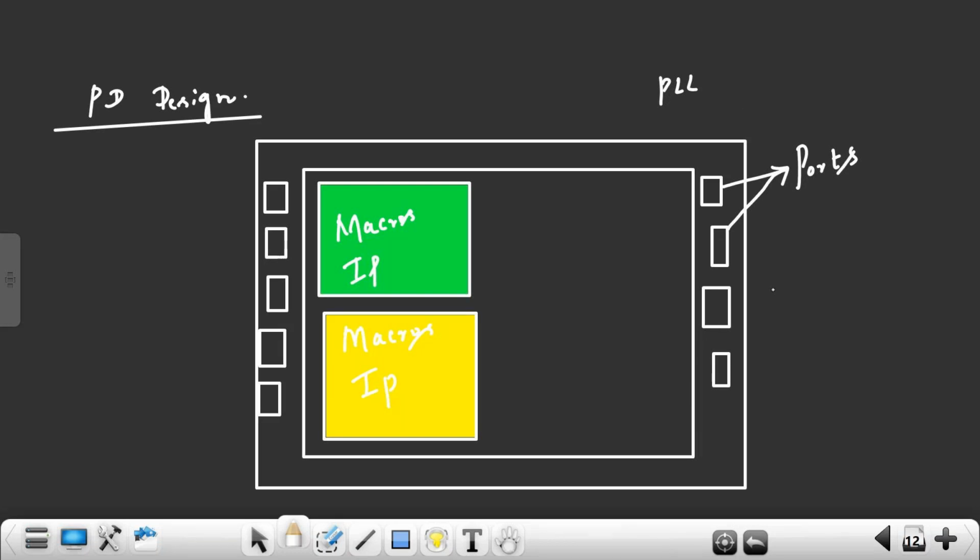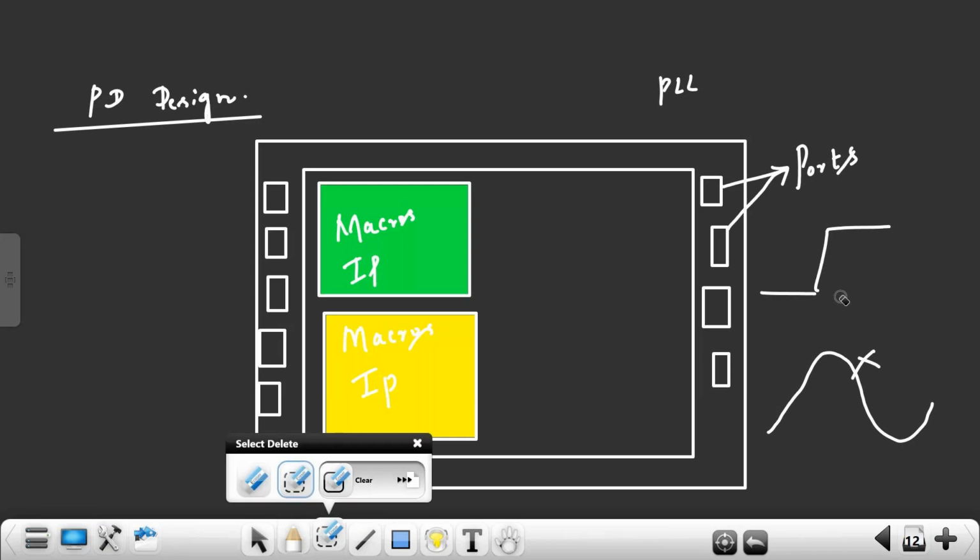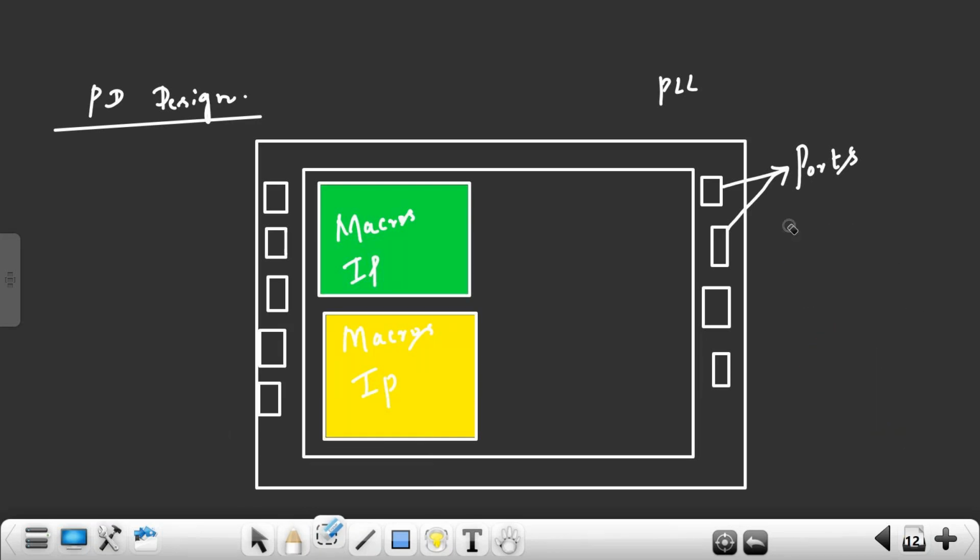Digital circuits have only two levels, logic 0 or logic 1. In analog circuits, the signal changes continuously with respect to time, so we cannot write Verilog code. The PLL is an analog circuit, so your full custom design team will design it and give us the layout. We'll directly use the layout. So a few IPs are called analog IPs.